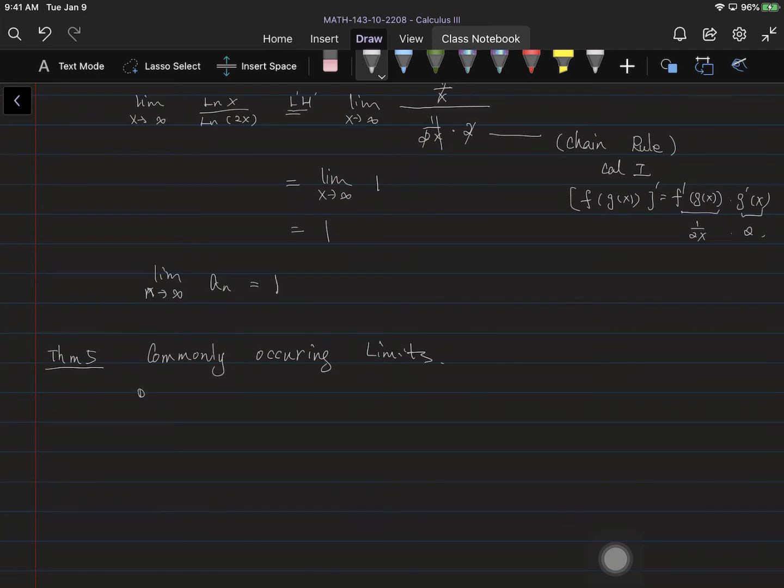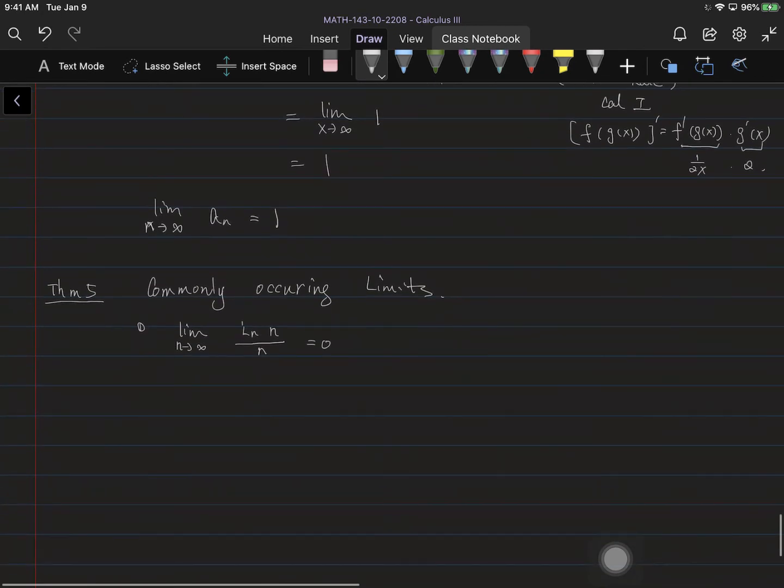The first one, which is the limit as n goes to infinity of ln n over n, which is 0. Actually, we did this in the previous example, right? Okay. The second one, as n goes to infinity, the nth root of n, which is 1.